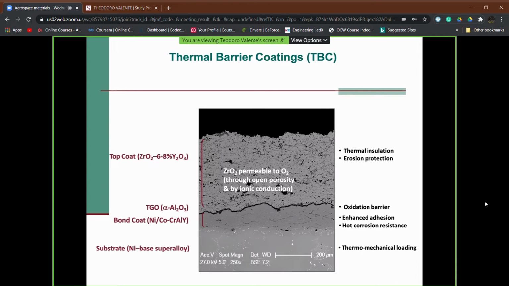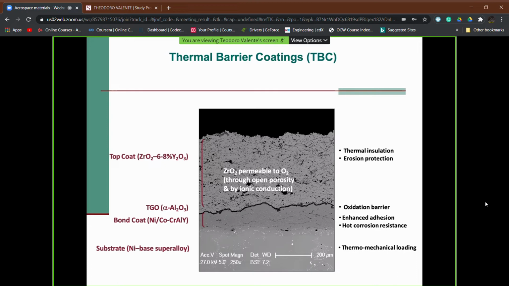And this mismatch in the thermal expansion coefficient can give rise to tensile stress during the heating phase, which is very badly tolerated by ceramic materials due to the very low value, as we said before, of their fracture toughness. And so we also need to deal with this problem.